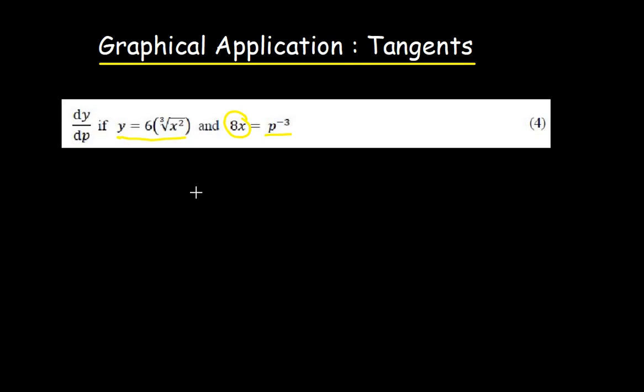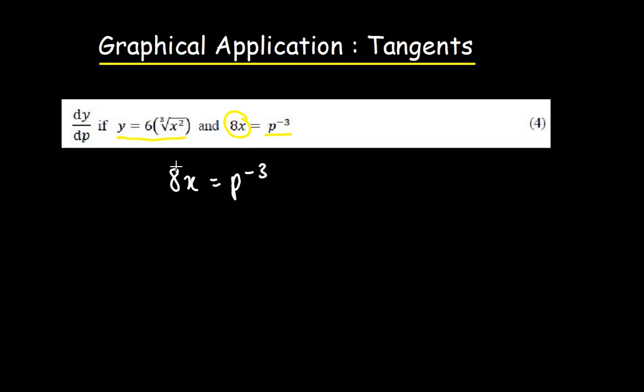So first of all, we need to simplify this so that instead of working with x, we are working with p. So how do we do that? We know that 8x is equal to p to the power of negative 3.